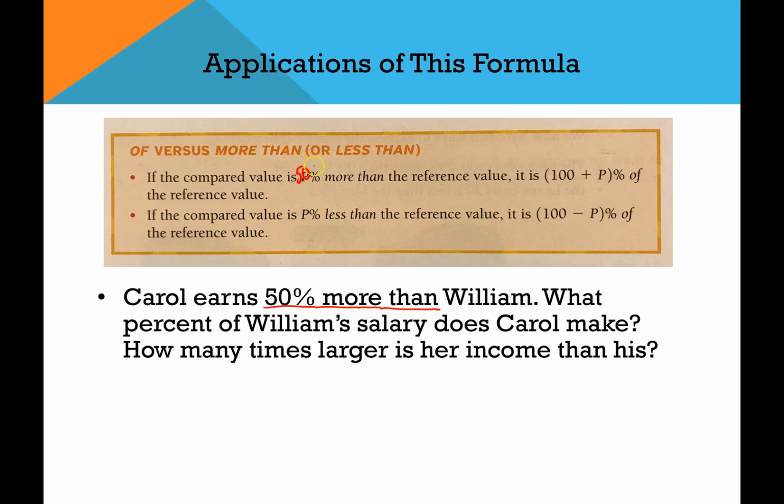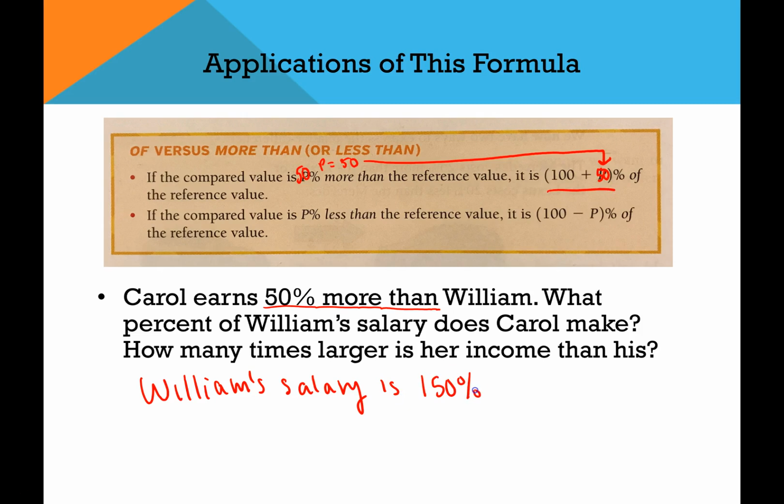So I take my P equal to 50, bring that over here, and put in the 50. So that means William's salary is, and 100 plus 50 gives me 150%, right, of Carol's salary.